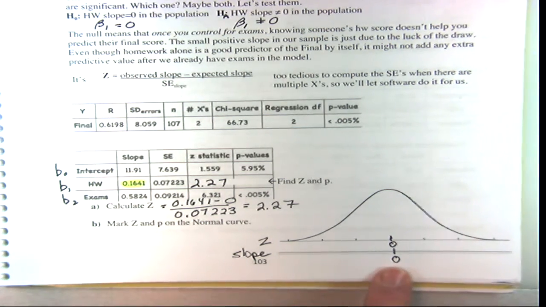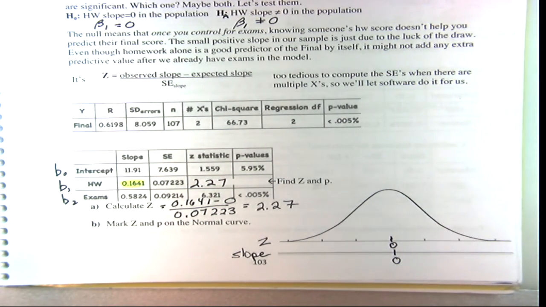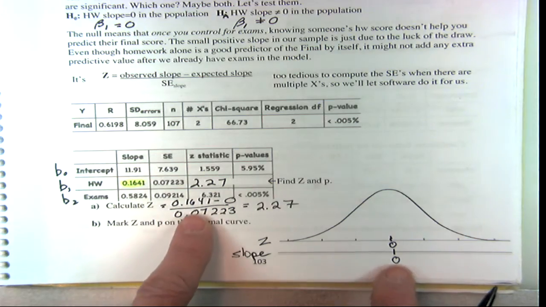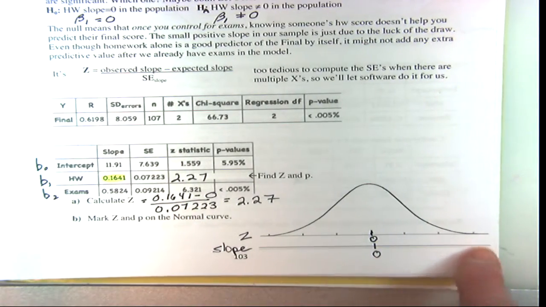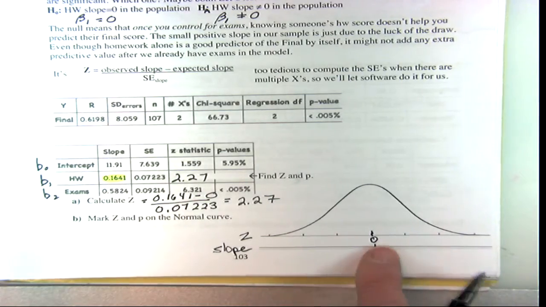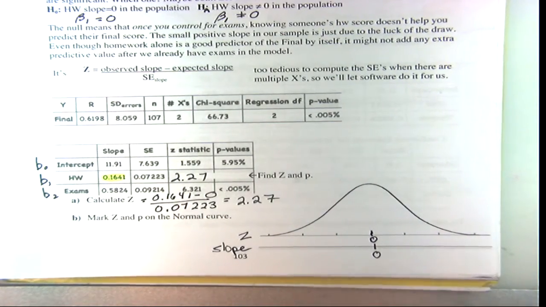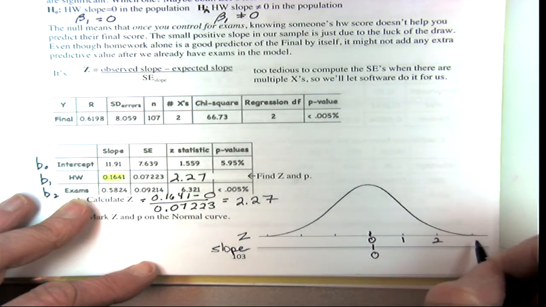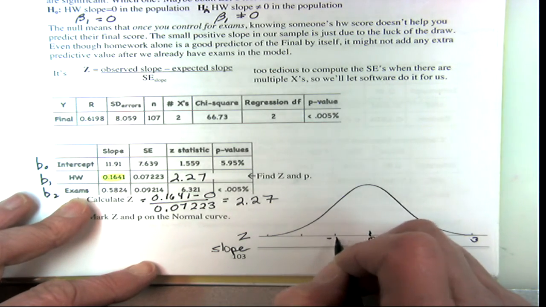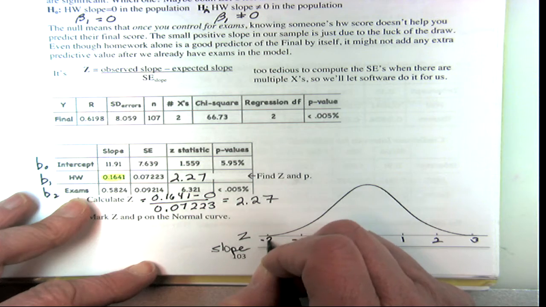The expected value of the slope is 0. Now, we got 0.1641, and we're just trying to figure out where on here it is. We know it's positive here. We know the normal curve looks like this: 1, 2, 3, negative 1, negative 2, and negative 3.